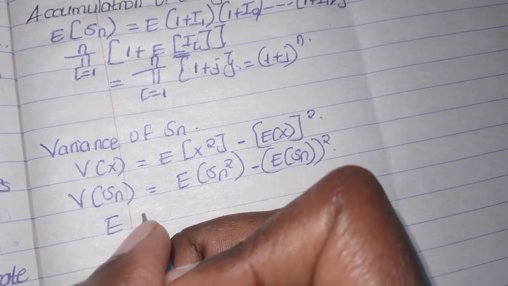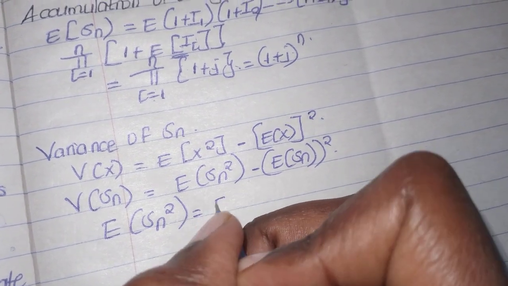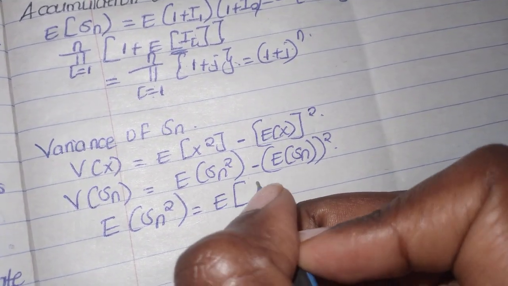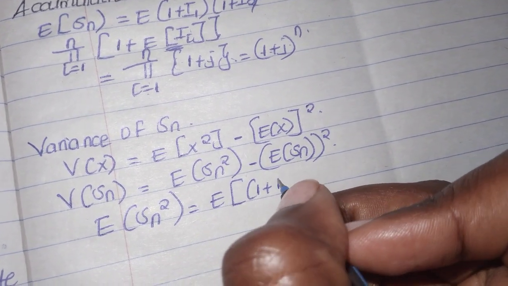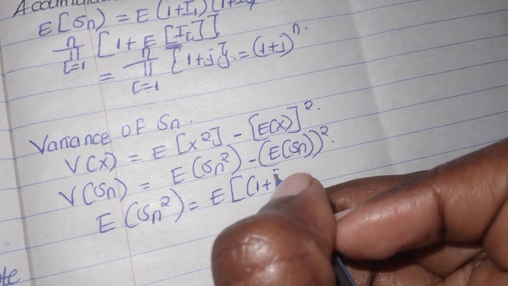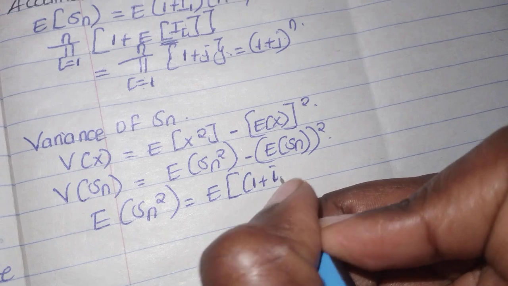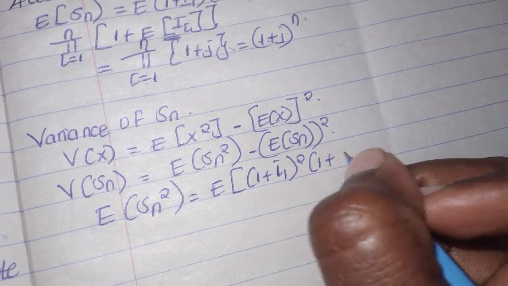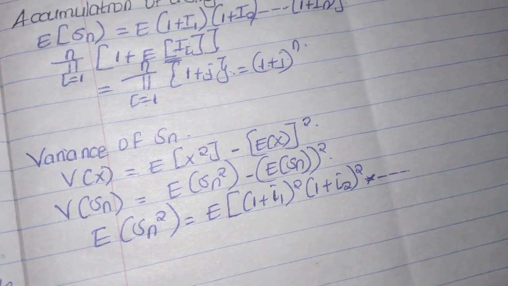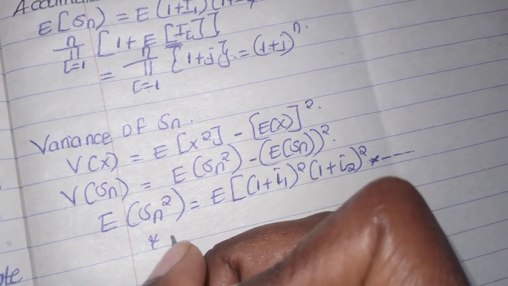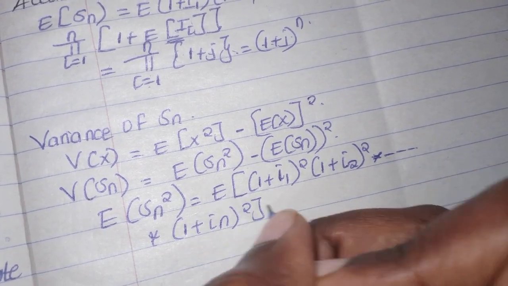The expectation of Sn squared is the expectation of 1 plus I1 squared, times 1 plus I2 squared, times all the way up to 1 plus In squared.